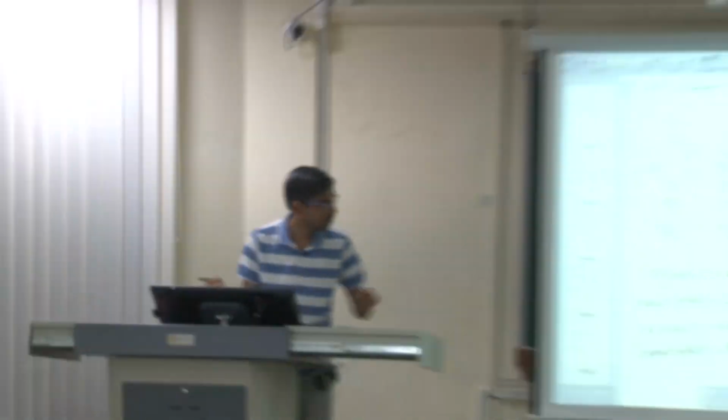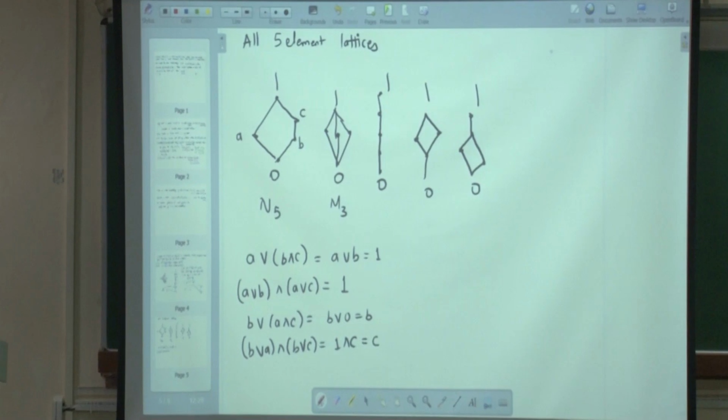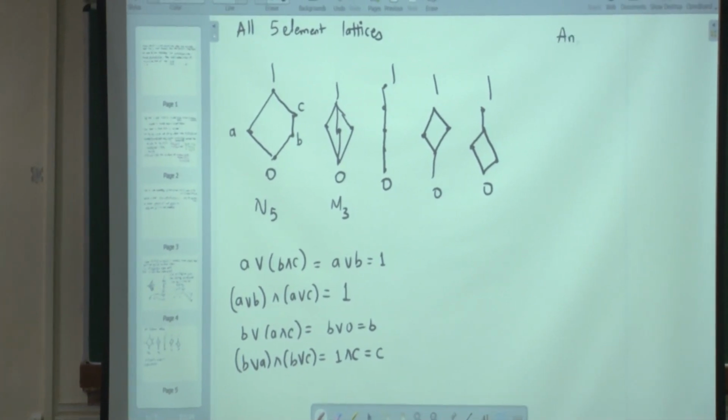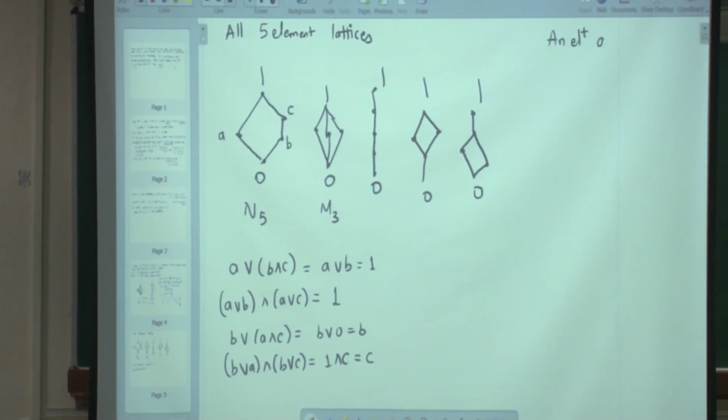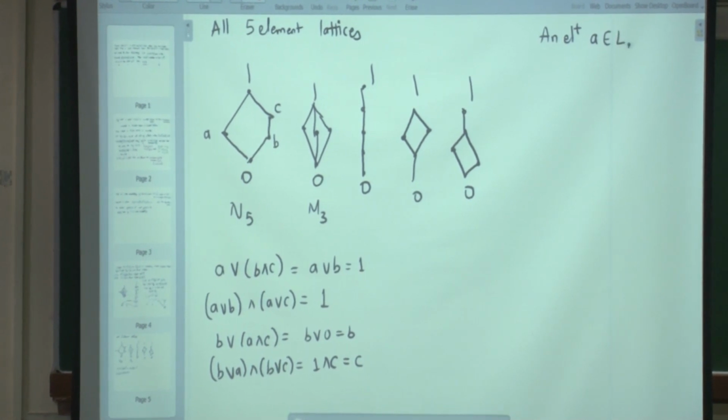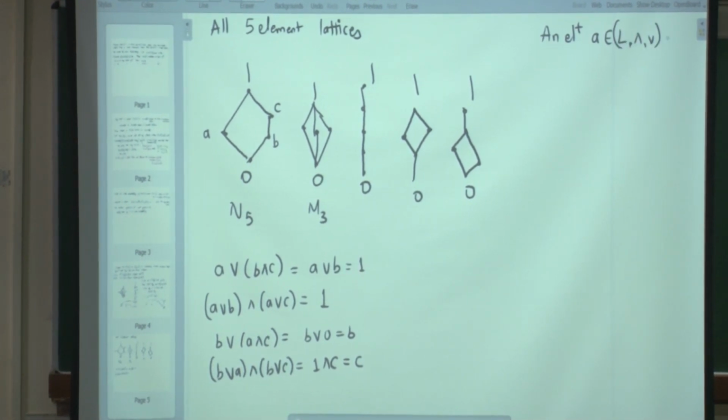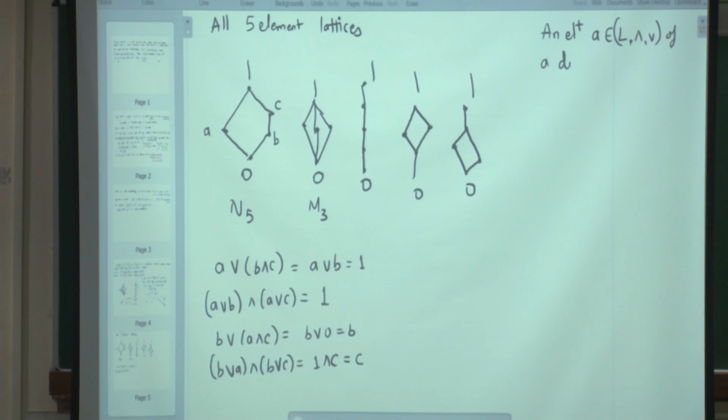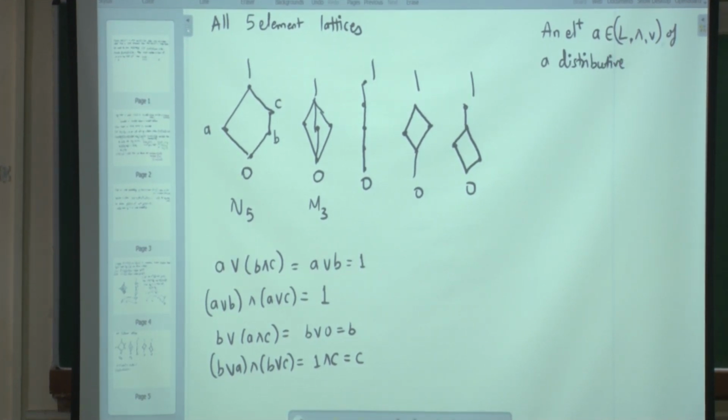I am going to give you one definition at this point, and then Nupur will take over. So one definition, like an element A of a distributive bounded lattice, perhaps I should also add 0 and 1 in here. Let me write it properly.